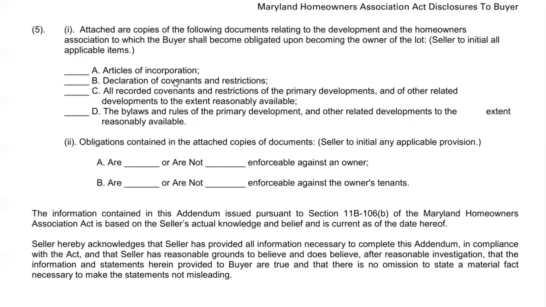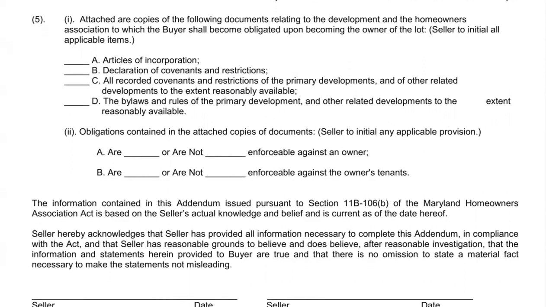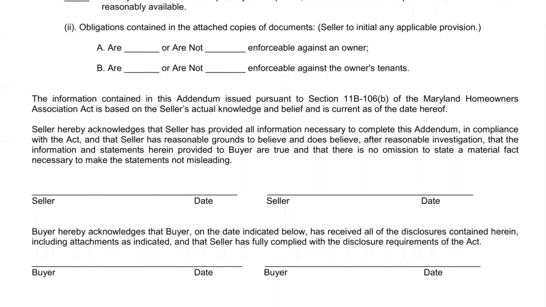So the articles of incorporation, declarations of covenants and restrictions, sometimes called CC&Rs, as well as the bylaws and rules of the development. In each instance, they will have to set forth whether these attached documents are enforceable against the owner and/or the owner's tenants.